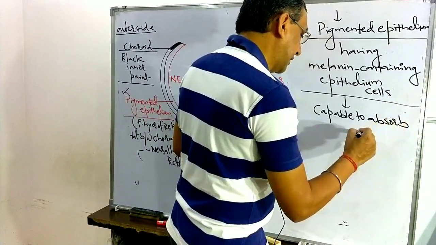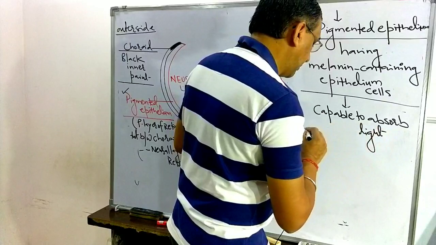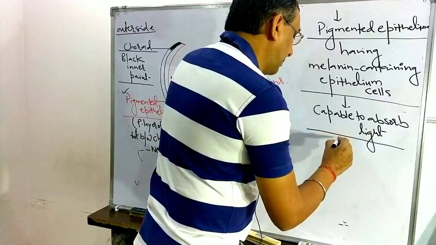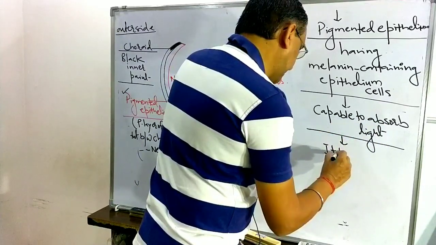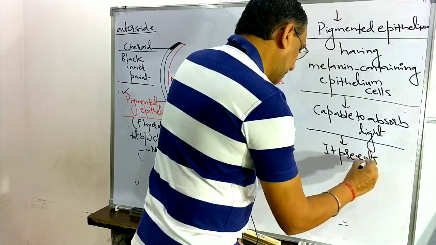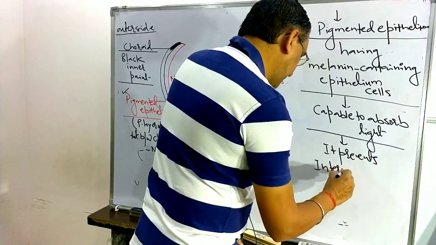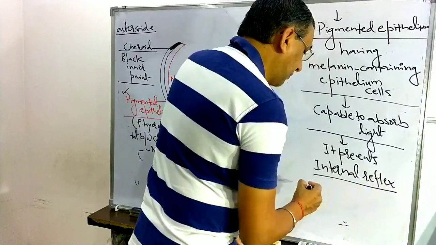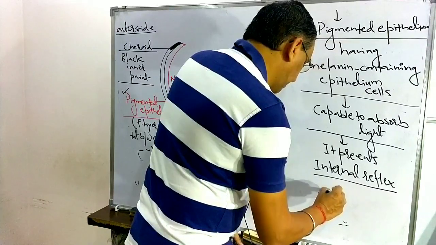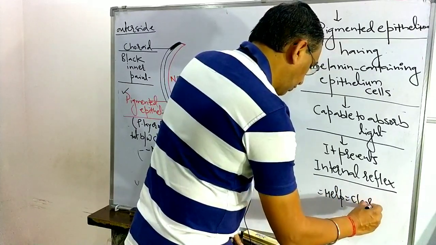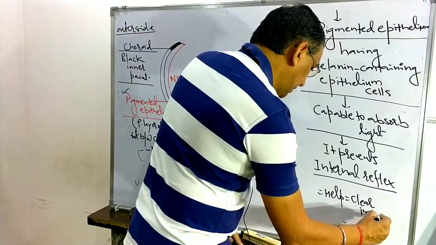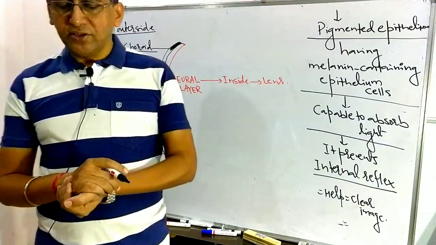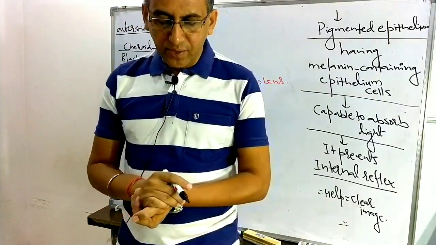Yesterday we discussed that the choroid absorbs light, and whatever light enters further is absorbed here. It also prevents internal reflection. The choroid and pigmented epithelium prevent internal reflection and scattering, and help to make a clear image. This pigmented epithelium is also present in the ciliary part and the iridial part of the retina.